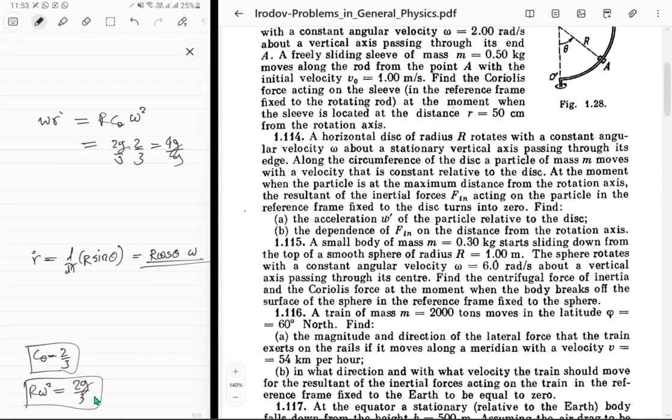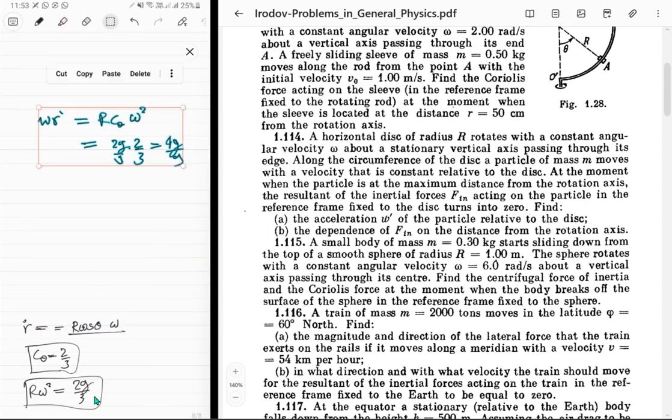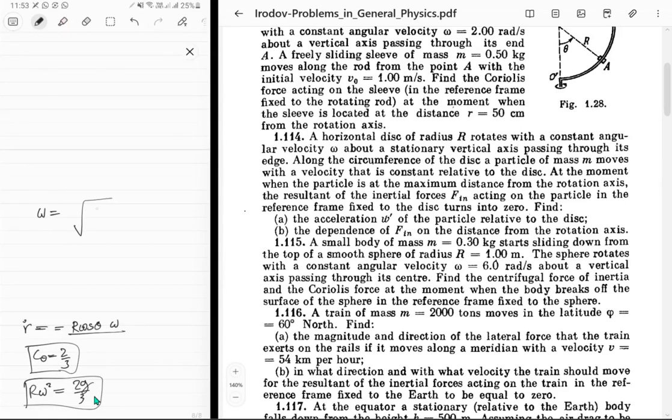So r dot, you just have to figure it out actually. You'll have to calculate this. So what's omega going to be? The square root of 2g upon 3r.